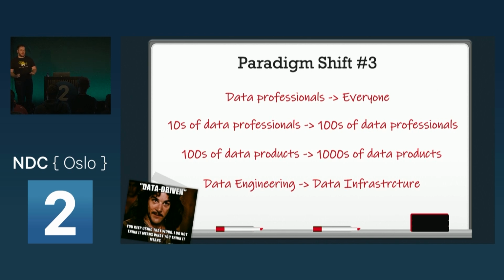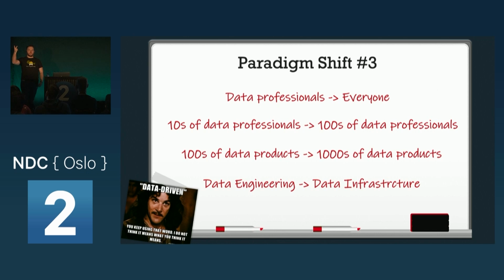And at this point, the term big data kind of gets a new meaning. We don't count things in petabytes anymore, or exabytes, or whatever bytes. We count scale by number of people manipulating the data. We count scale by the number of data assets, data products that exist, right?